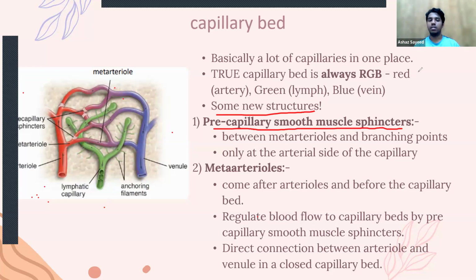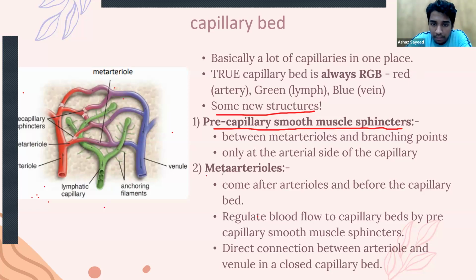So what determines how much blood goes and how many capillaries are open? It's these sphincters. Think of this as a pre-capillary smooth muscle sphincter, my arm as the arteriole, and these fingers as the capillaries. If this smooth muscle contracts, it blocks blood flow, and these will not be active, so blood does not flow. And if these smooth muscle sphincters relax, blood flows.